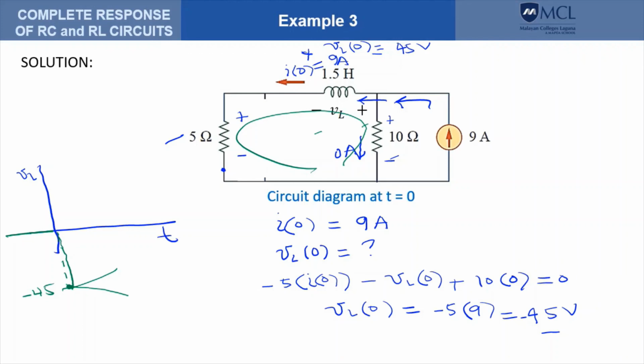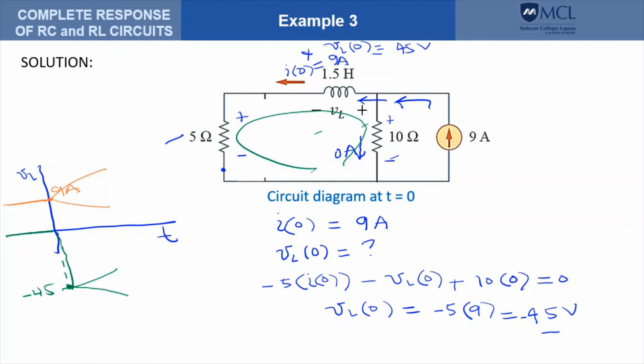For the current, it is 9 amperes going to the left. It is still 9 at t equals 0, and it could either go up or go down depending on the behavior.